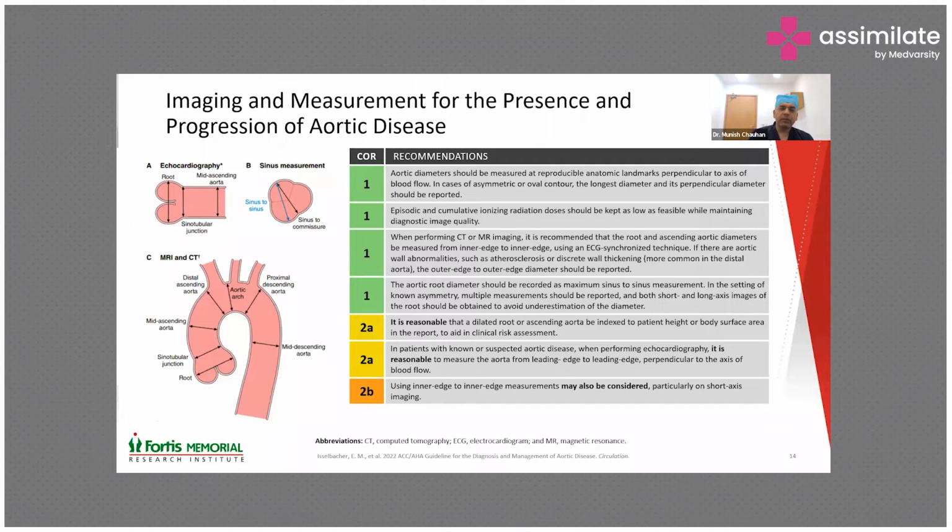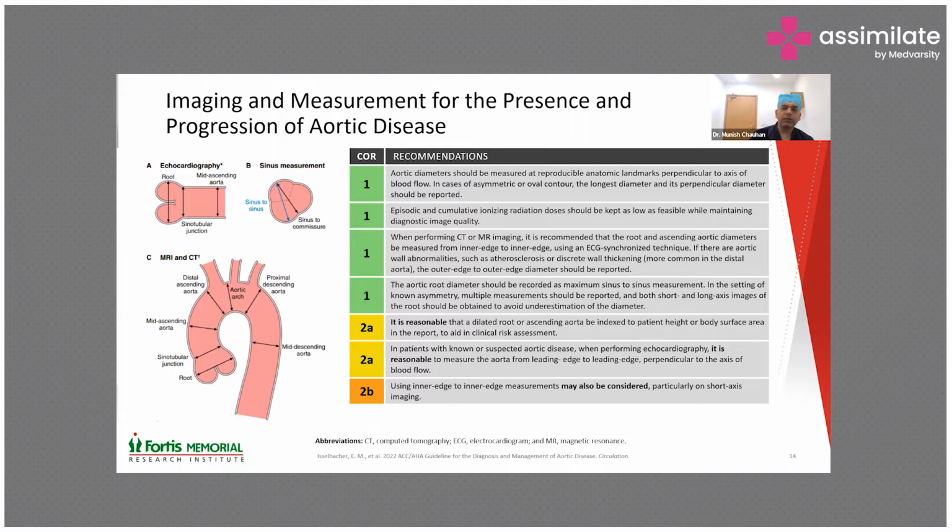So just a bit of imaging, not my forte, and a bit of a specialized thing, but we should know that imaging and measurement are an important component of diagnosing not just the presence of an aneurysm, but what is the risk of rupture and what is the need for surgery, if any.